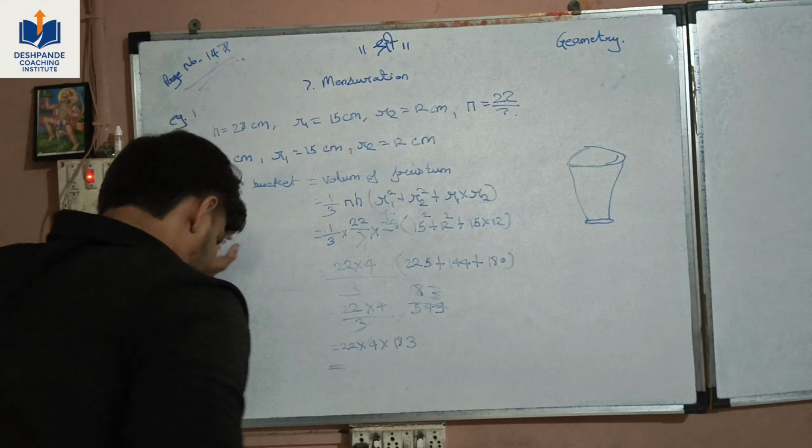So we have to convert it into liters. We have to find the capacity. The capacity of the bucket is 16,104 cubic centimeter. So finally we have to convert it into liters and write the final answer. Means comment down the final answer.